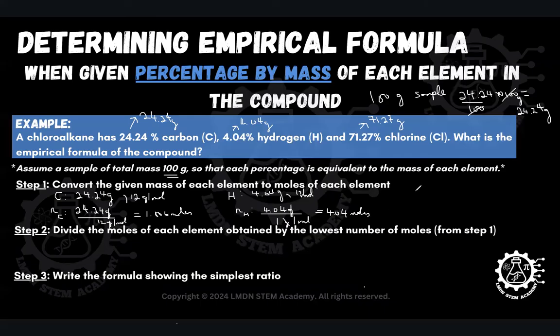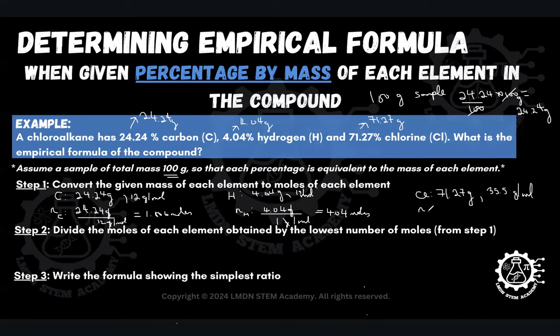We do a similar thing for chlorine, where we have 71.27 grams and the molar mass of a chlorine atom is 35.5 grams per mole.